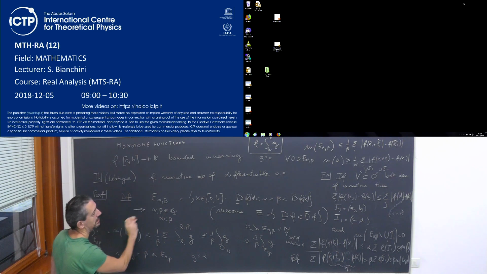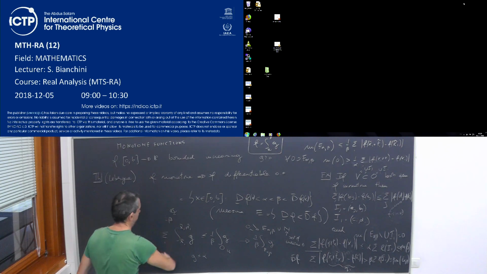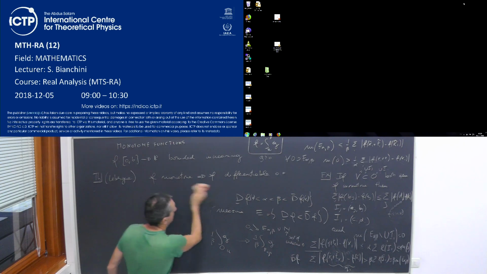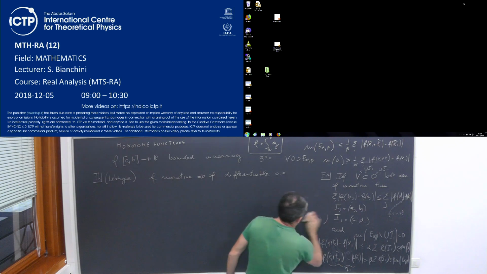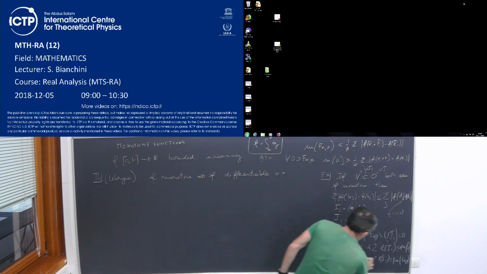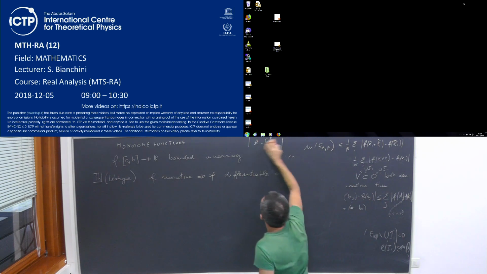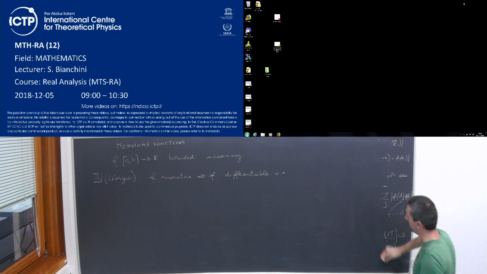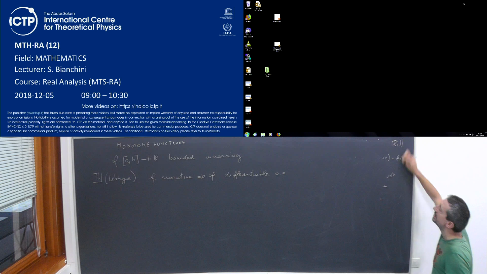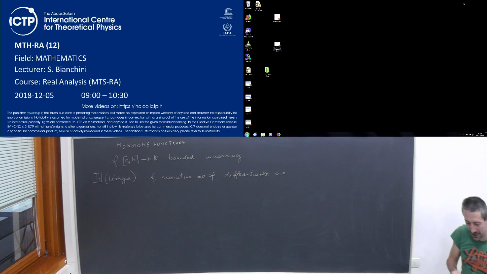Okay, so you remember the basic problem we faced was in which sense we can say that the integral of a function is differentiable and is equal to its integral, no? Or vice versa, for which classes you can take the differential; it is an L1 function, and you can integrate.